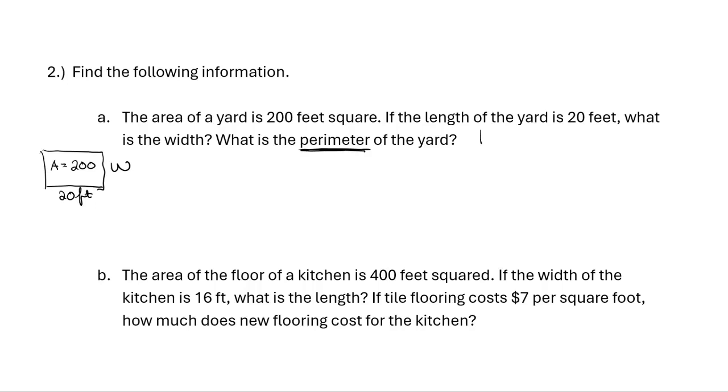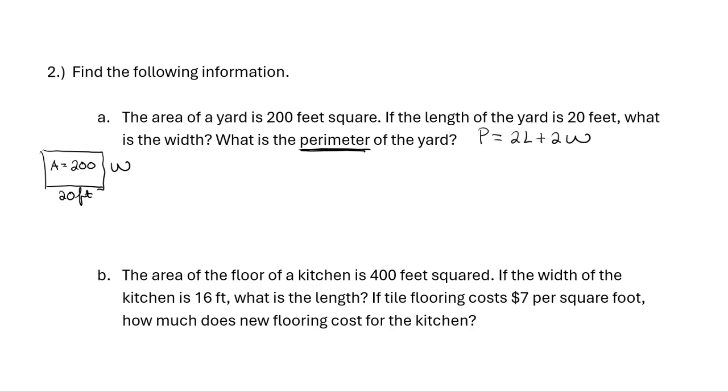So just to remind myself, I'm going to put this formula up here. I'm not ready to use it yet, but it's going to remind me that I do need to use that. So really there are two problems here. One is find the missing side, then use the missing side to find the perimeter. Each question mark denotes a question that you need to find an answer for. So that's a quick way to identify how many things you are trying to find.